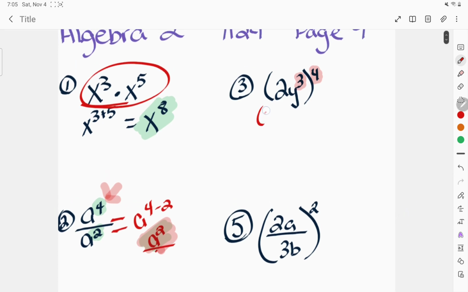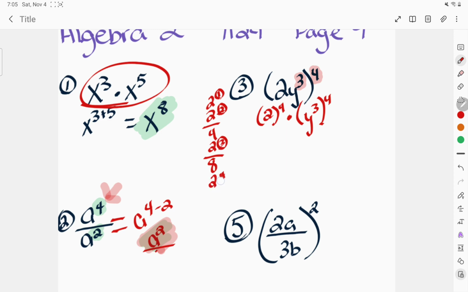You have to solve 2 to the 4th power times y to the 3rd raised to the 4th power. So 2 to the 4th power: 2 times 2 is 4, times 2 is 8, that's my third 2, times 2, that's my fourth 2, is 16. So 2 to the 4th power is 16.